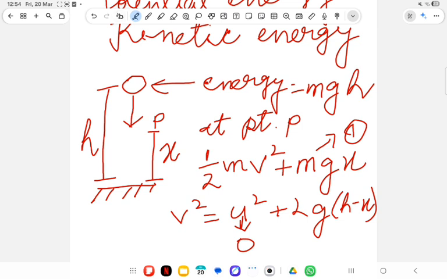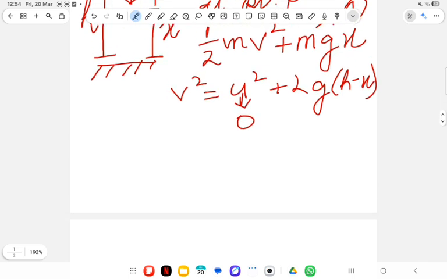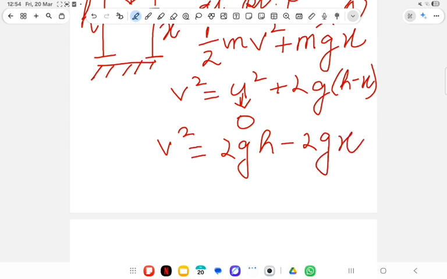Okay, so when we solve this we get v square equal to 2gh minus 2gx.